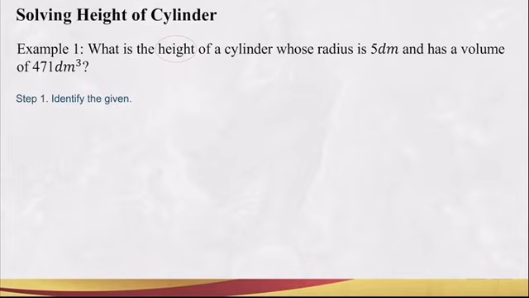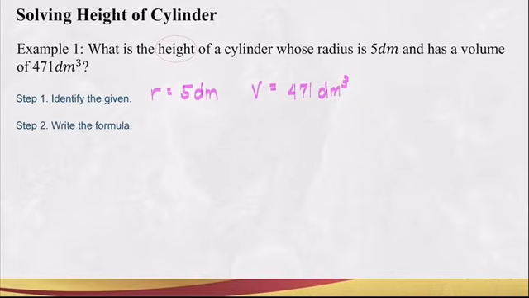So step number 1 is let's identify the given. So we have the radius 5 dm and volume 471 cubic decimeter. Step number 2 is write the formula. Sabi ko nga, same formula lang din yung gagamitin natin. Step number 3 is to substitute.